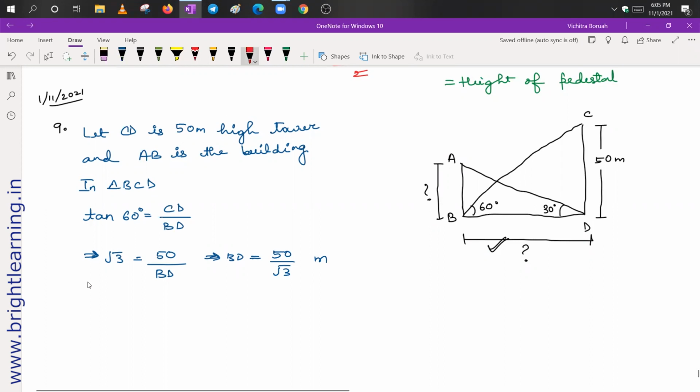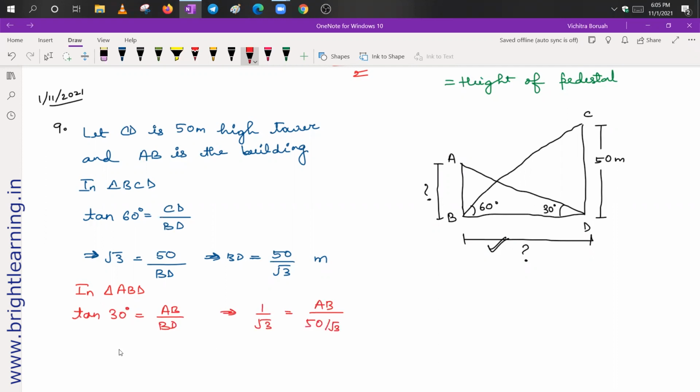Next we will consider triangle ABD. In triangle ABD, again we will use the trigonometric ratio tan. So tan 30 degree is equal to, now here perpendicular is AB, base is BD. Tan 30 degree we know is equal to 1 upon root 3. It is equal to AB upon the value of BD, which is 50 upon root 3.